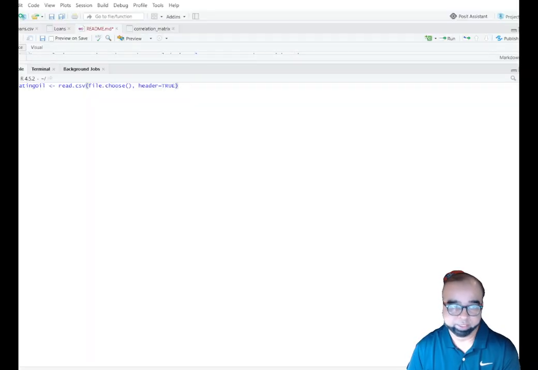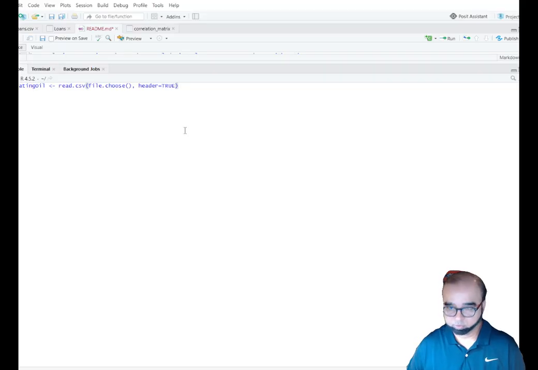And just to explain what that command means, the read.csv function imports the dataset into R. The file.choose function opens a browser window, so I can select the heatingoil.csv file, and header equals TRUE tells R that the first row contains the column names.